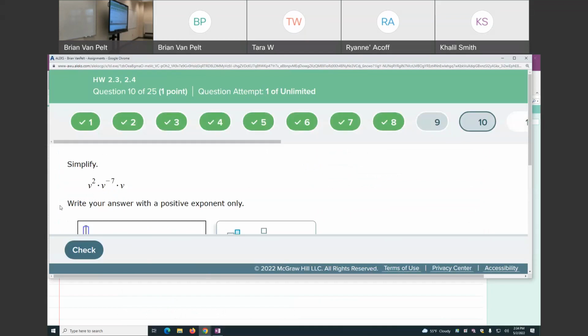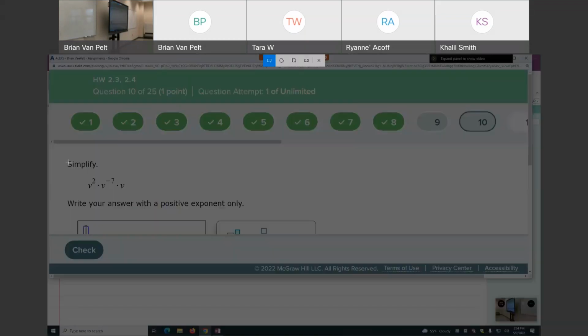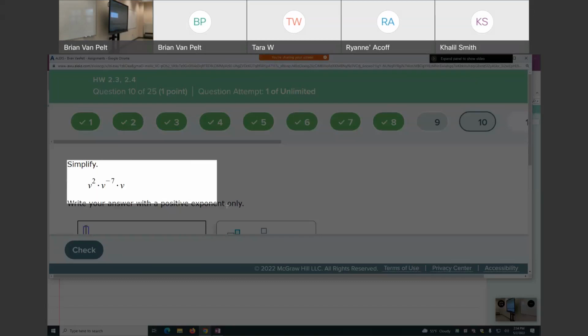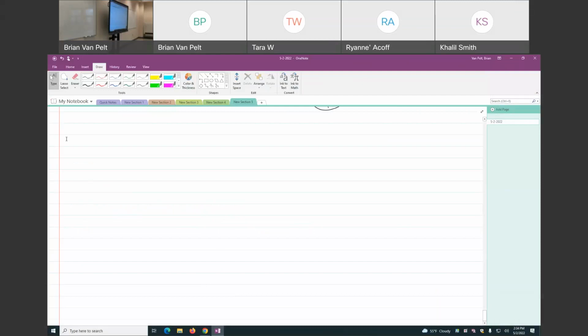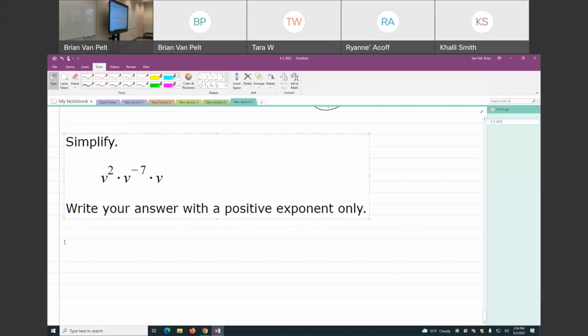This shouldn't be too bad. What do you think about this one? What I probably would do is handle the exponents first. So what I would do, that's a 1.